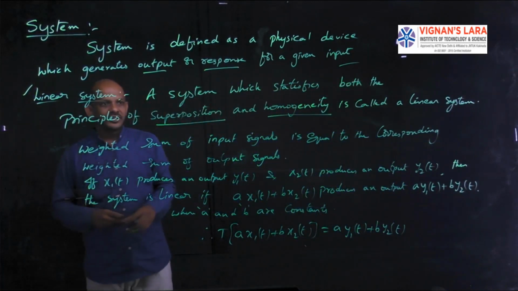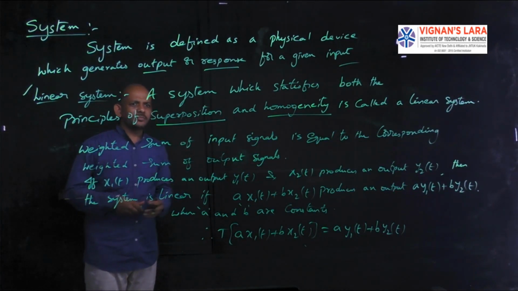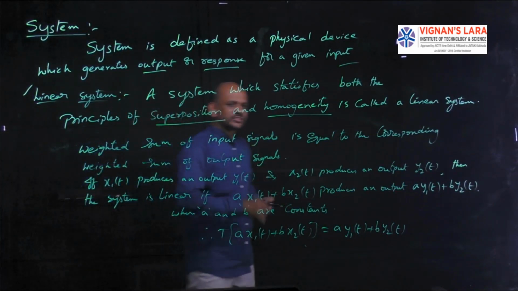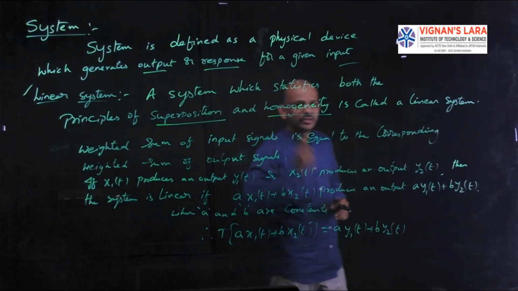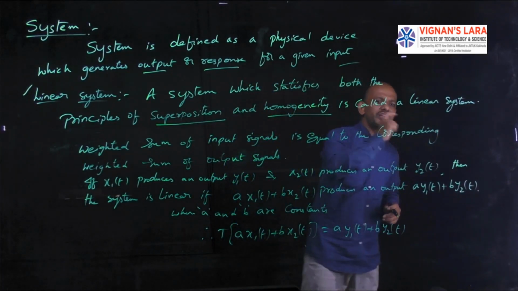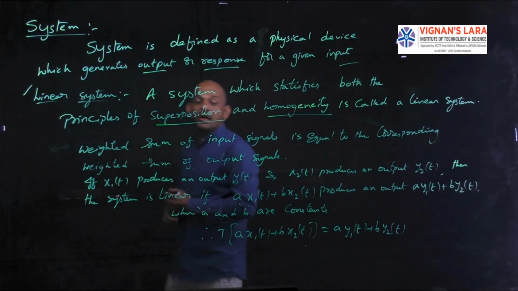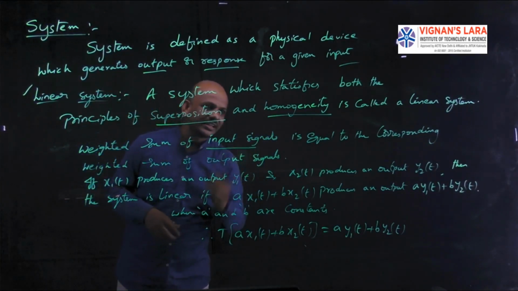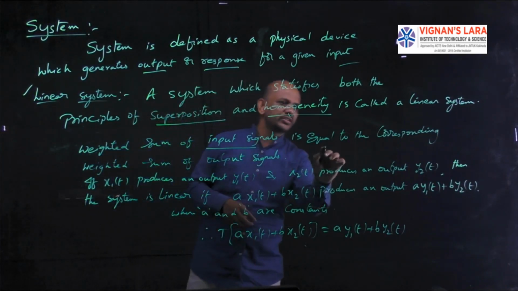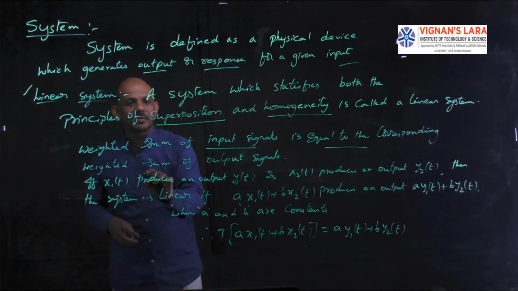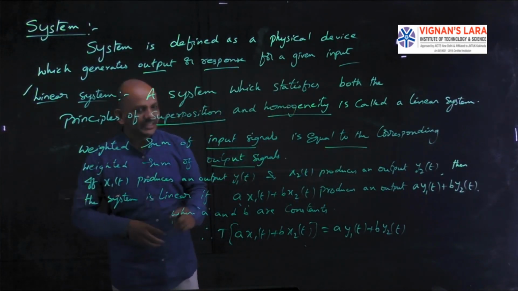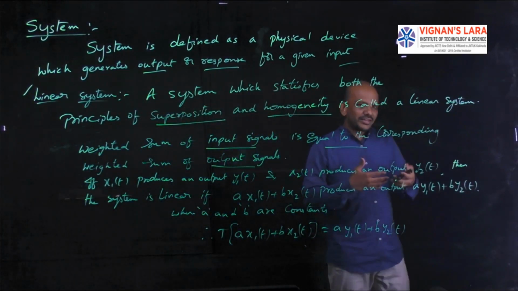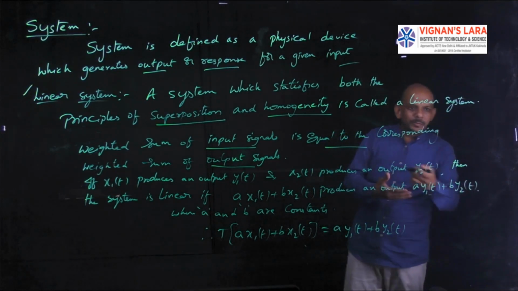Here, superposition and homogeneity mean that the weighted sum of the inputs must be equal to the corresponding weighted sum of the outputs. Simple. Here we have to consider the weighted sum of inputs.